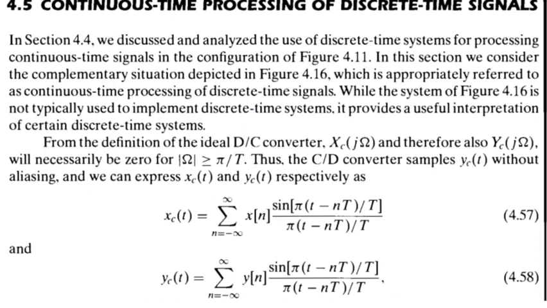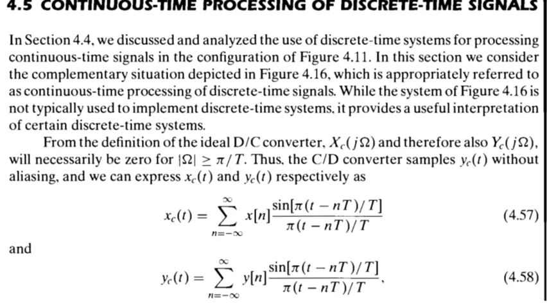So in continuous time signal processing of discrete time signal, we have discrete signal at the input followed by discrete to continuous time converter, followed by continuous system, followed by continuous to discrete time converter, and finally we have discrete output.